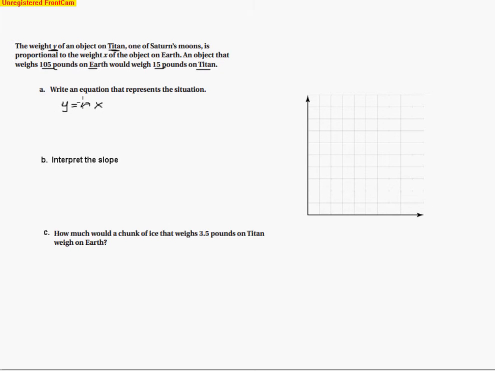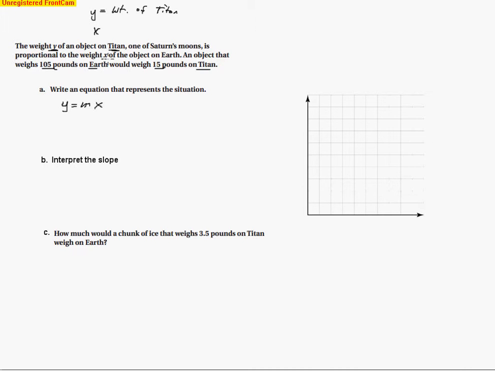So I'm trying to solve for m this time because they want us to write the equation. So they're giving us the y value. Y represents Titan. Maybe we should write that up here. Weight on Titan. And then we'll say x right here.